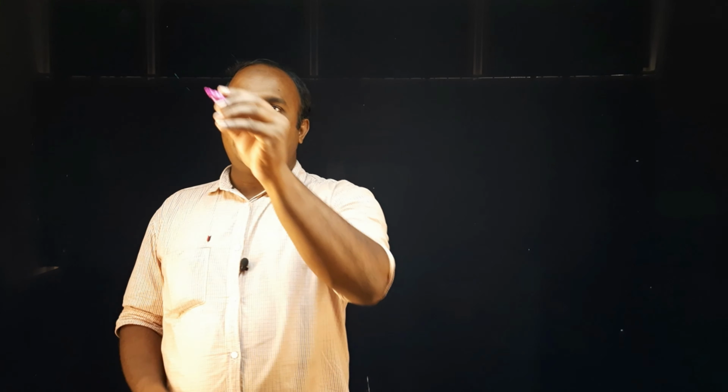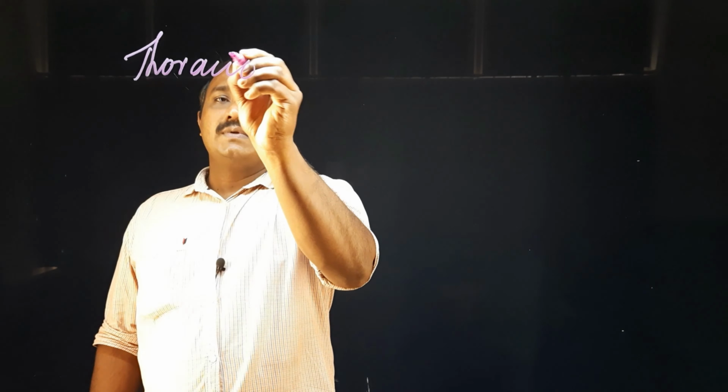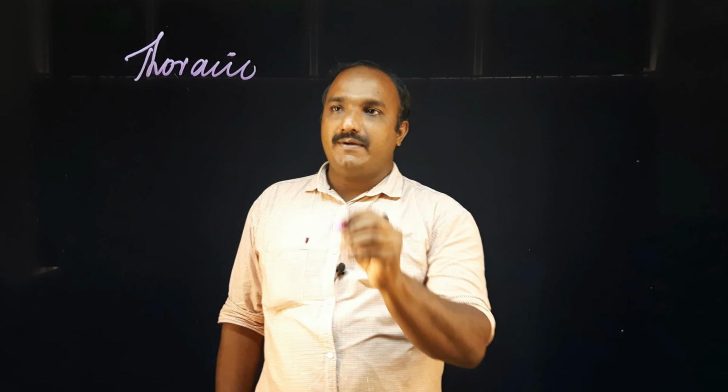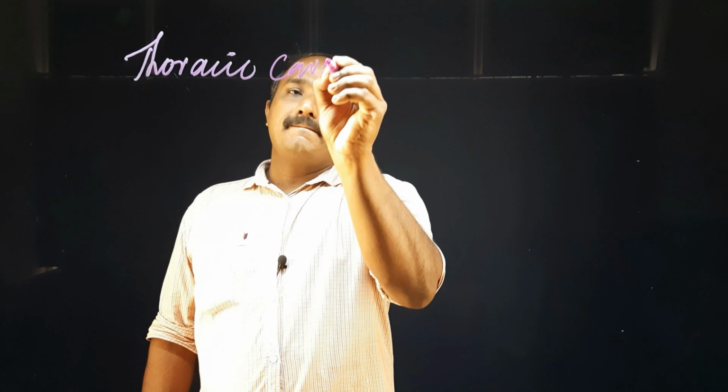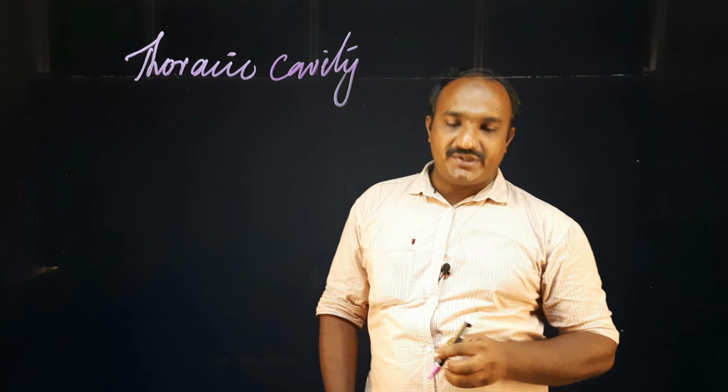One area has the protection of the rib cage. The area that is protected by the rib cage is called the thoracic cavity. That is the first term: thoracic cavity.